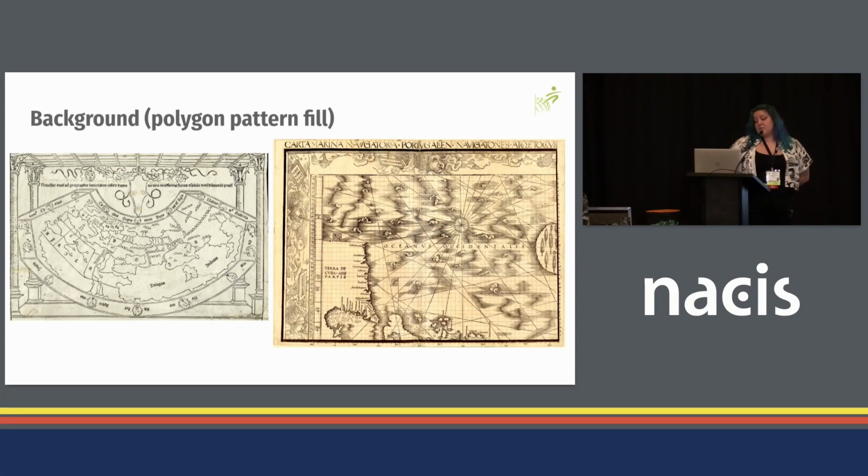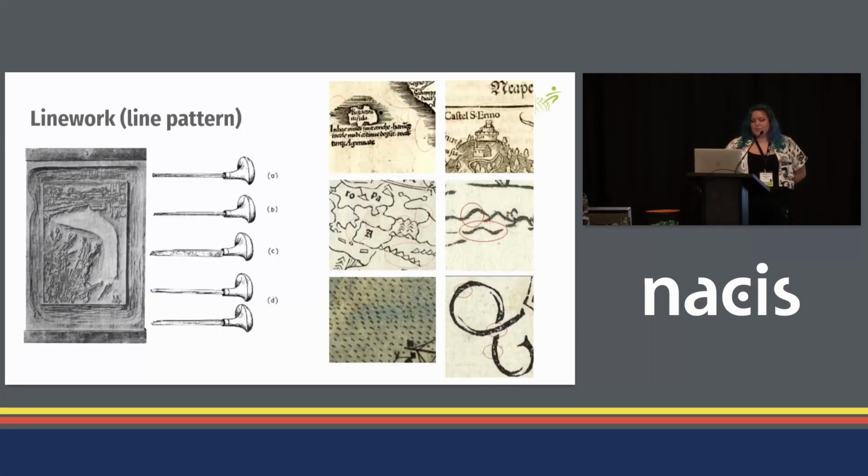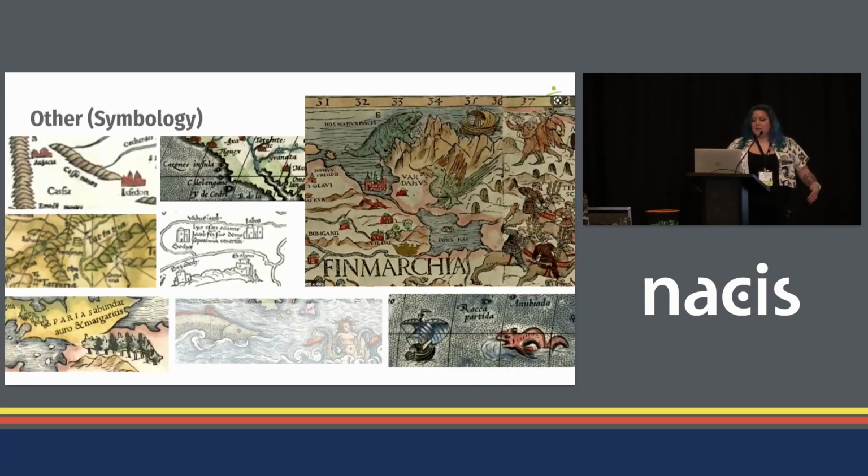The background that I used in the woodblock style ended up being a polygon pattern fill, emulating parchment paper. And the line work, in order to make the lines look like an old map, was a line pattern. And the miscellaneous non-polygon line or point element was symbology.